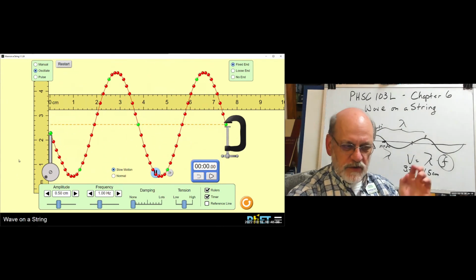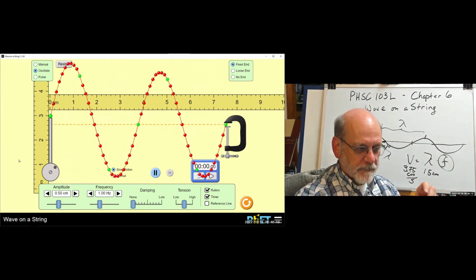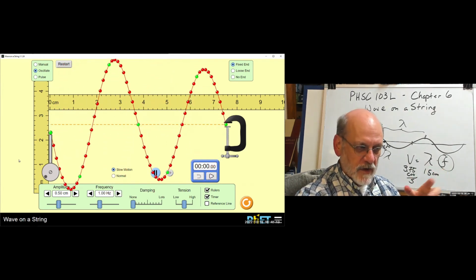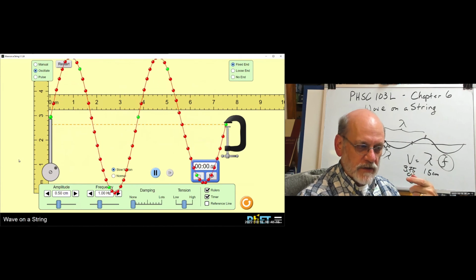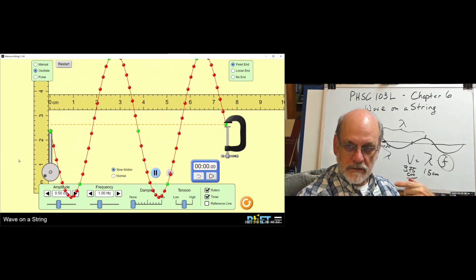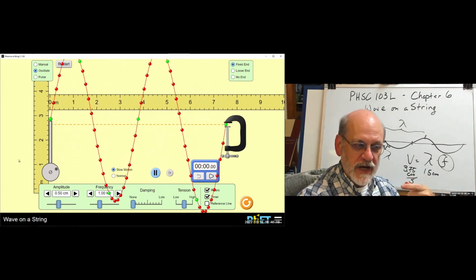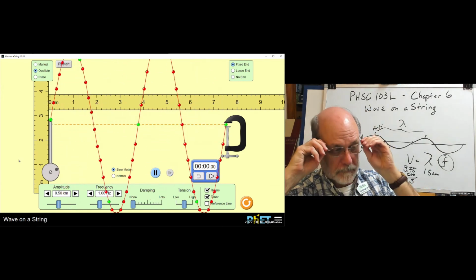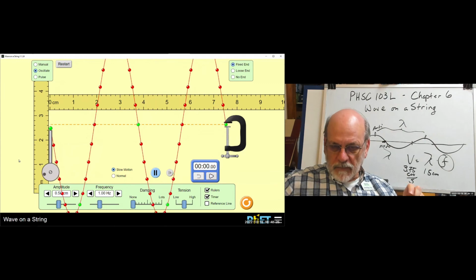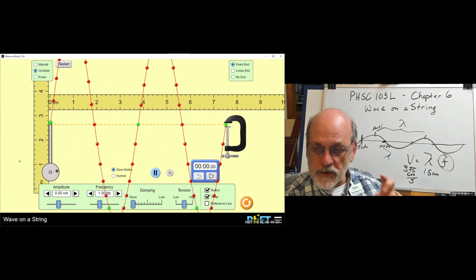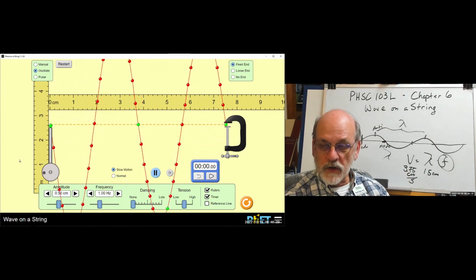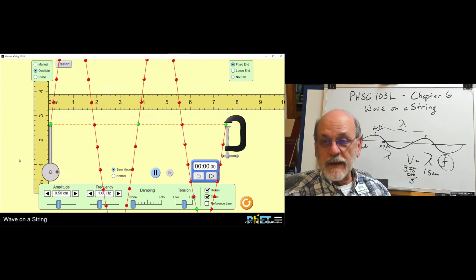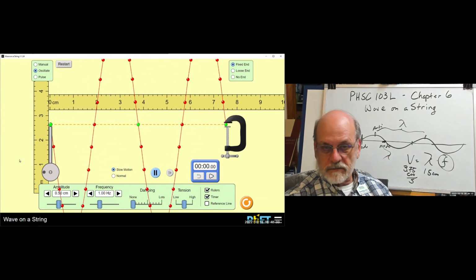All right, so once you get your table filled out, you got to answer some questions. Why can we use the equation V equals lambda frequency without changing wavelength to meters? Well, as long as you're doing the experiment in 1 unit of measure, it's the same unit of measure for each calculation.